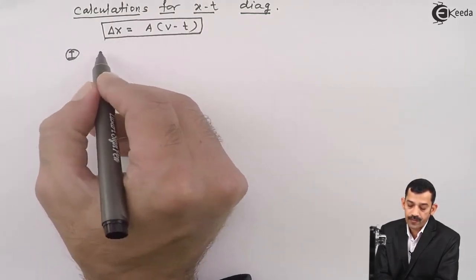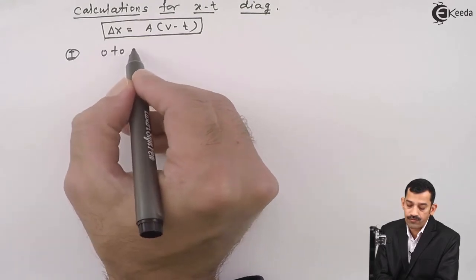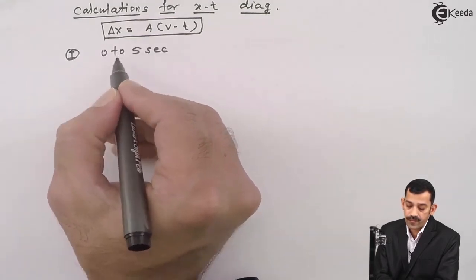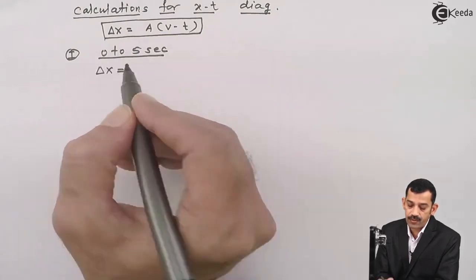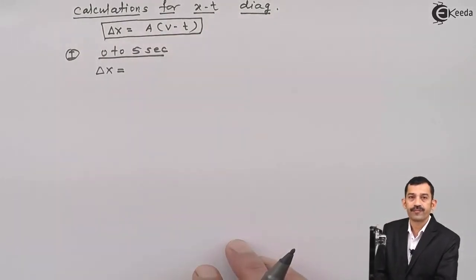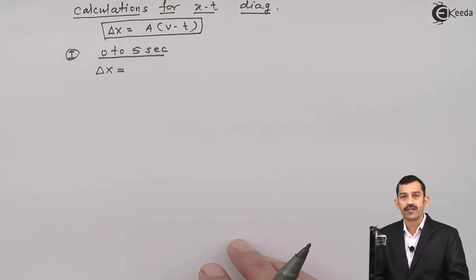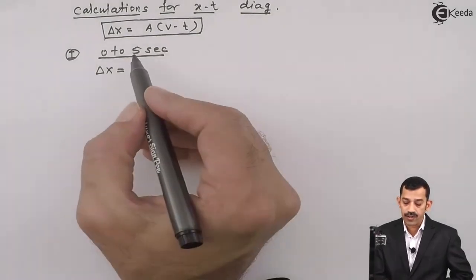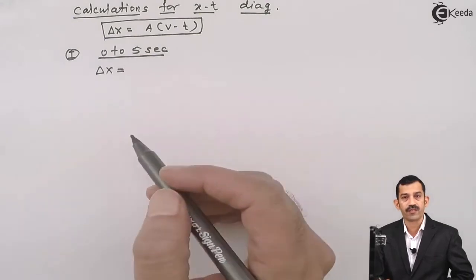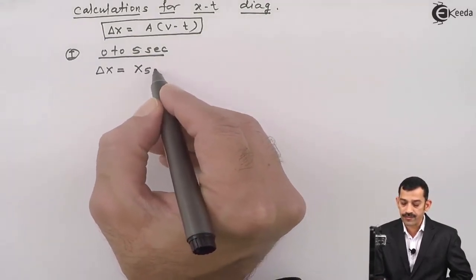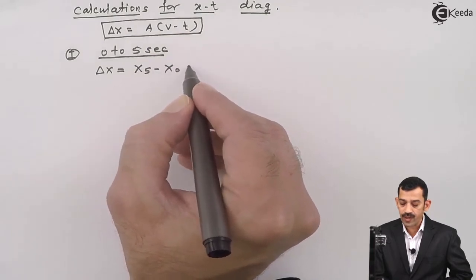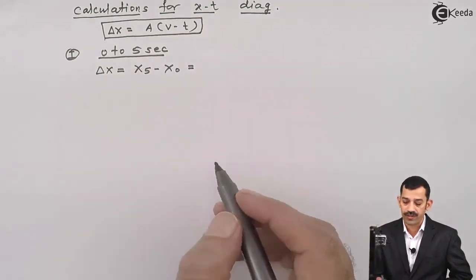Number 1, 0 to 5 second. In 0 to 5 second, how would you write delta x? It is always final position minus initial position. Here final position means at 5 second, initial means at 0 second. Therefore we get x5 minus x0. Now what area do you get from 0 to 5 second?